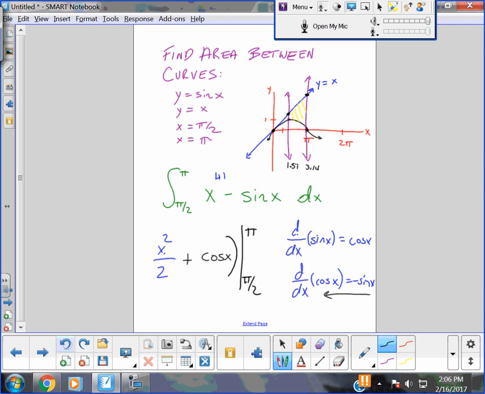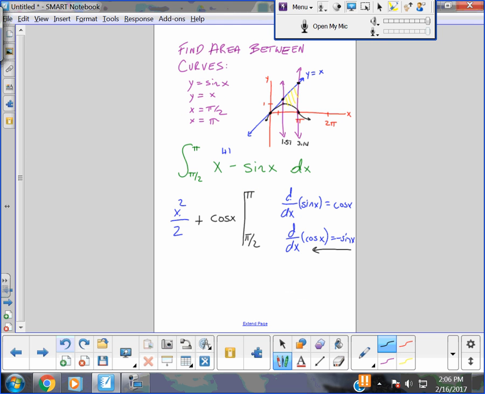Don't need the parentheses, but implied over both. Now, here's the thing. I can check it by taking the derivative of this and making sure it's the same expression as before, and it is. And then I can evaluate it. Now, it's not a whole lot of fun to evaluate pi. Do we agree? But we'll leave it in terms of pi.